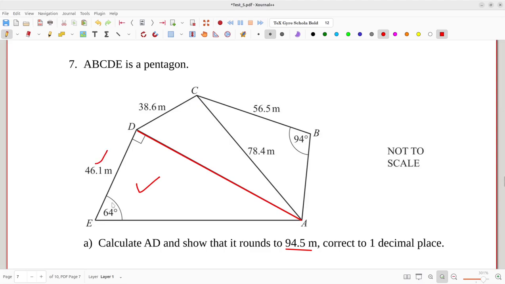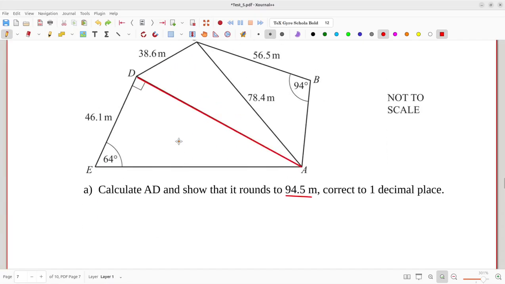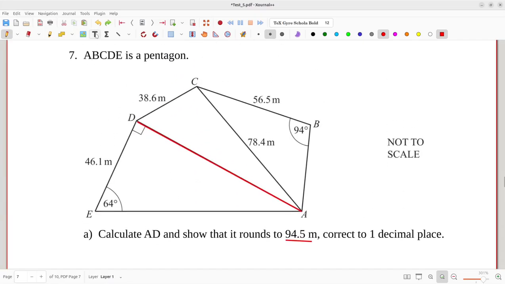You have a side, you have an angle, and then you need to find another side. For that, you are going to use what? SOHCAHTOA. Let's use SOHCAHTOA to find that. Let's check.